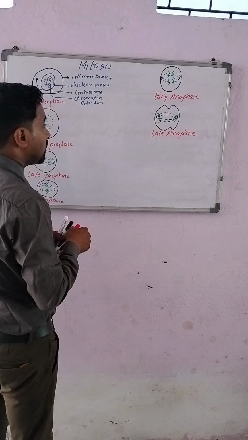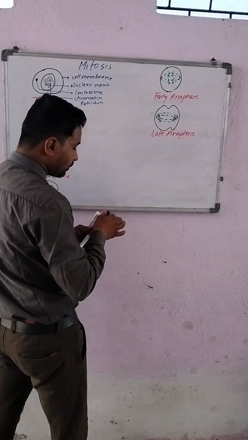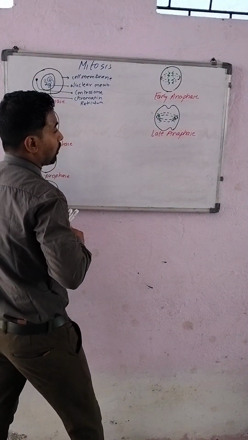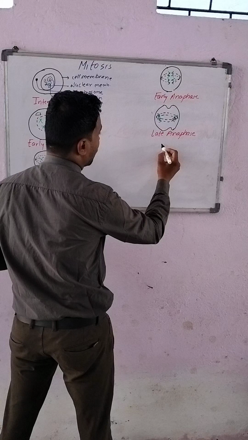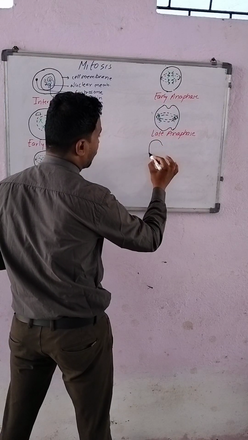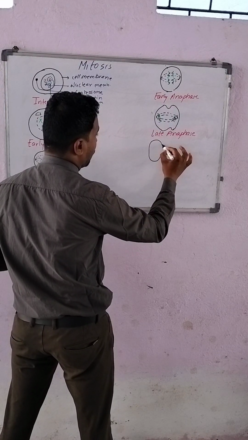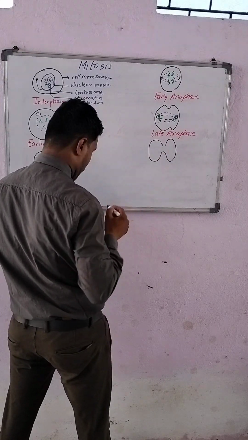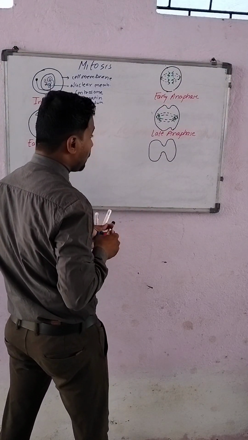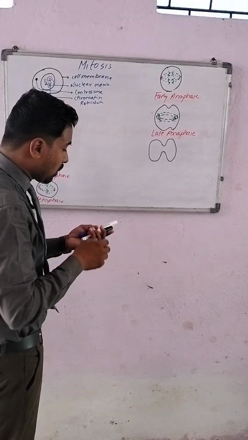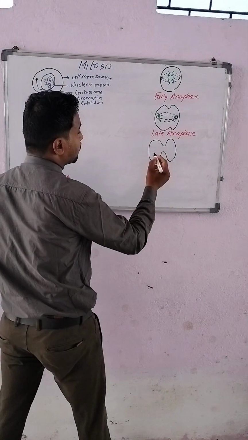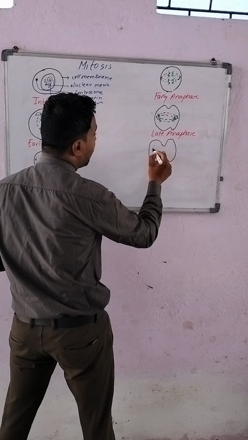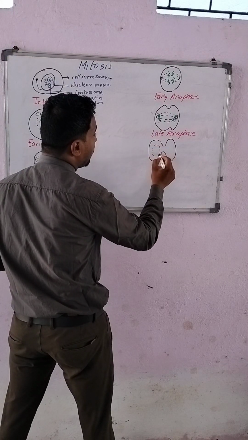Now what happens in the telophase? Here the chromosomes are coiled and the nuclear membrane reappears.